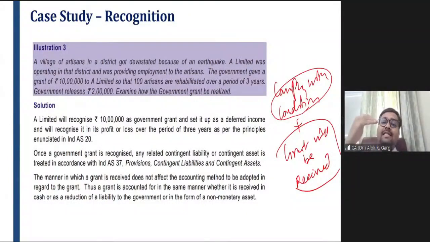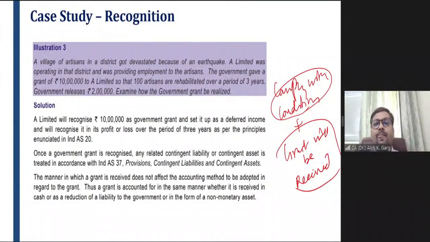This grant receivable will come under the asset side, and this deferred government grant will come under the liability side. This deferred government grant will be recognized as income over a period of 3 years. And when the money is received, the grant receivable will be knocked off: bank account debit to grant receivable account. So guys, if there is reasonable assurance, the grant has to be recognized, but over a period of 3 years in the P&L.